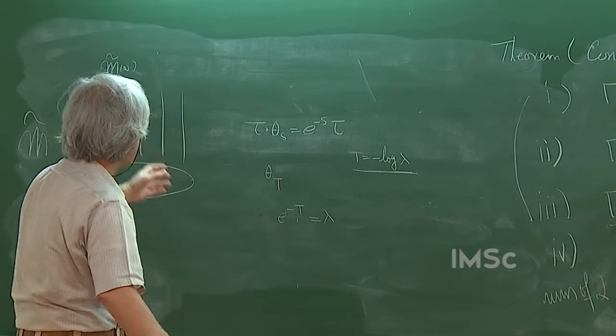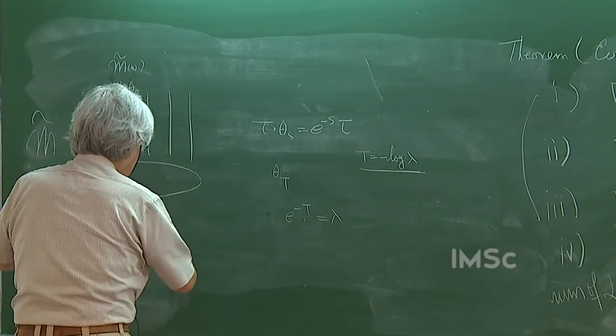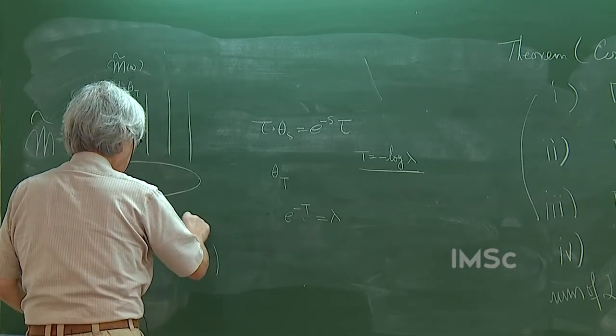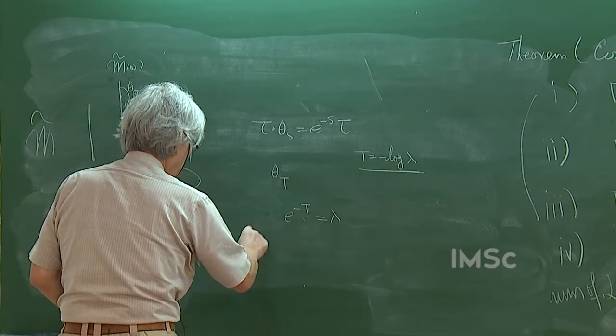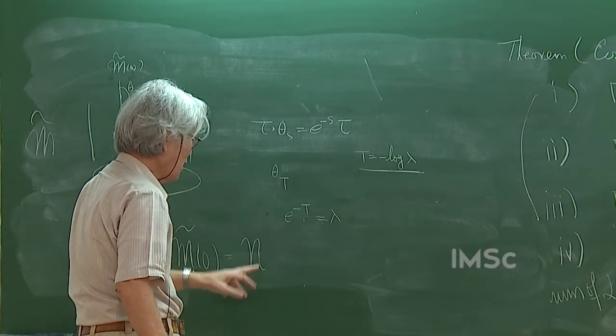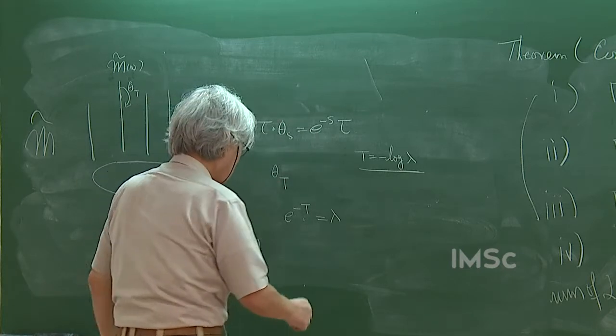So what you discover if you look at just M omega, not the M tilde, is that this is a factor, right? That's the factor. The trace is scaled down by lambda.